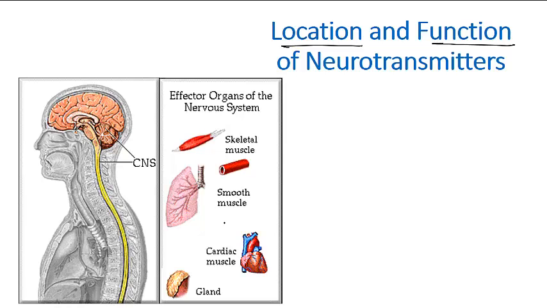Then we'll look into the central nervous system to learn the functions of these and other neurotransmitters working there. You see here the effector organs of the nervous system like skeletal muscle, smooth muscle, cardiac muscle and glands. All these are regulated by acetylcholine and norepinephrine.